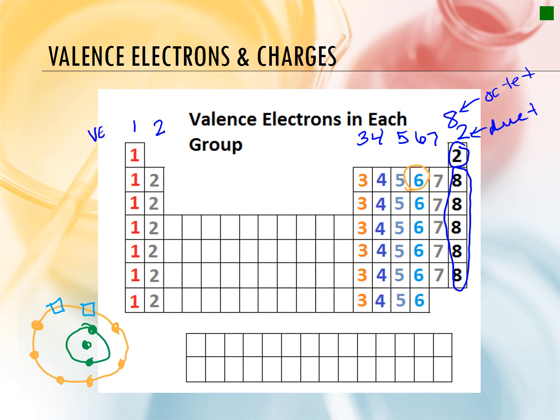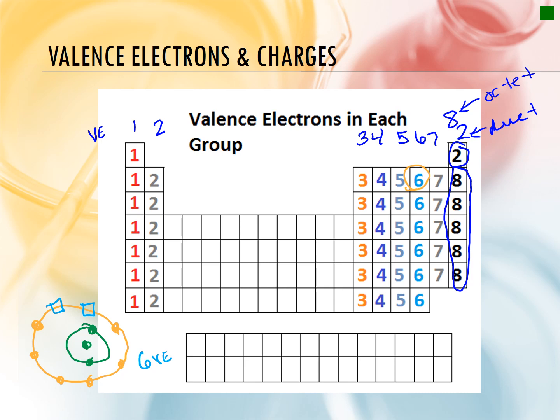Okay, so what it does is every element wants to have 8 electrons, or it wants to lose all of its valence electrons. So it either wants to gain enough electrons to make 8 for its total valence electrons, or lose all of those valence electrons. So if I look at oxygen, okay, oxygen has 6 valence electrons.